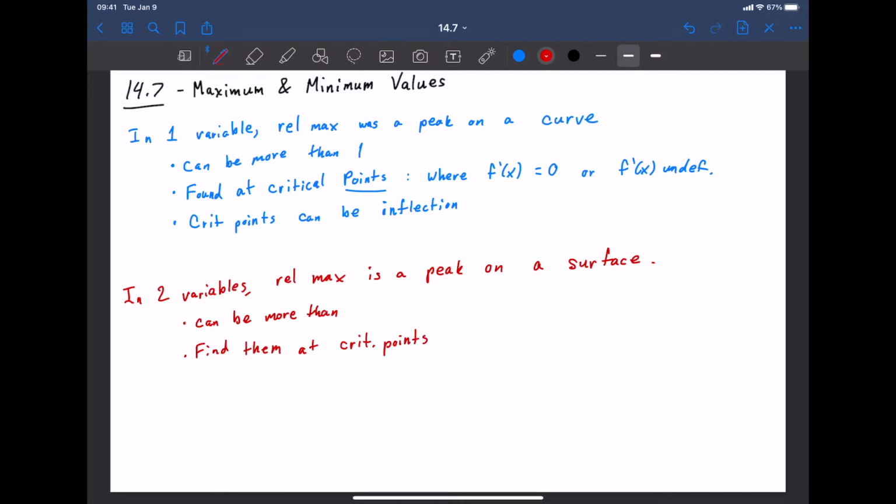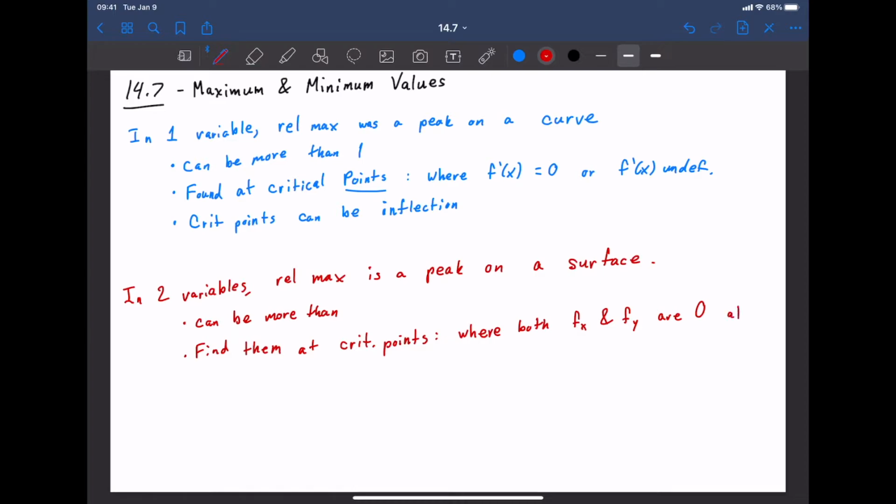And now that's going to be where both the x partial derivative of f and the y partial derivative of f are 0. Now, why do we need both of those things to be 0?